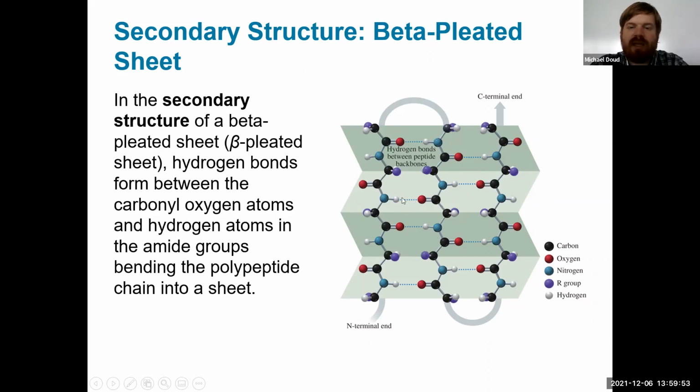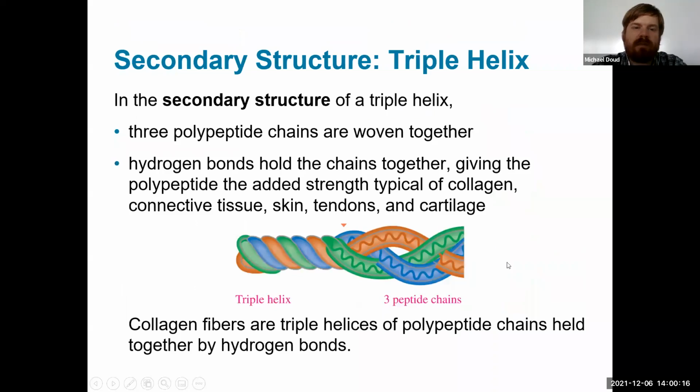It just depends on the particulars of each protein how far away those are going to be. So this is what a beta pleated sheet looks like. Again, we have another type of hydrogen bond forming here, and we have R groups pointing both away from you and up at you as you look down at the sheet.